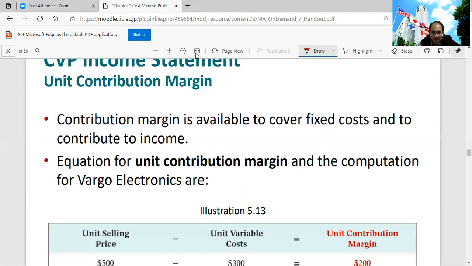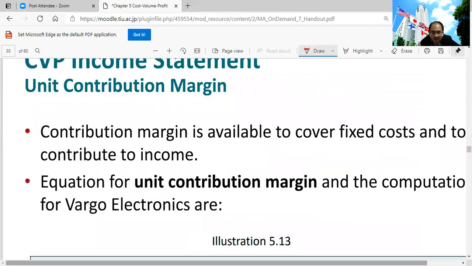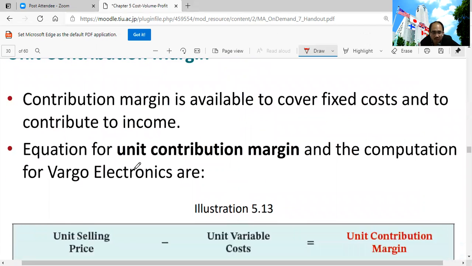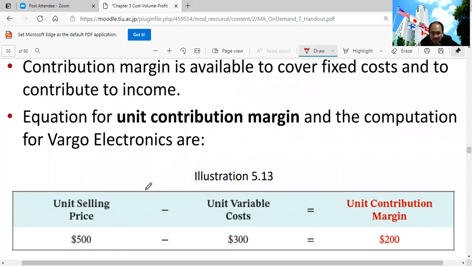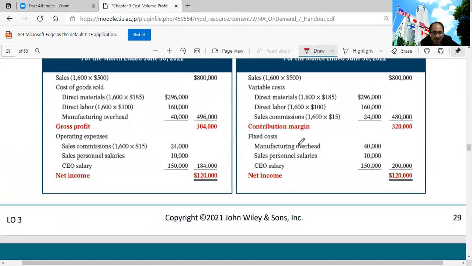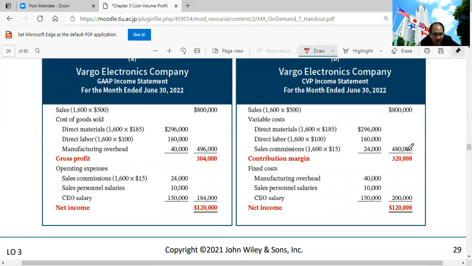So contribution margin is available to cover fixed costs and to contribute to income. So the result is positive. The equation for unit contribution margin and its computation: we can calculate contribution margin. This is the total variable cost, 480,000. If you divide 480,000 by 1,600, you will get 300.